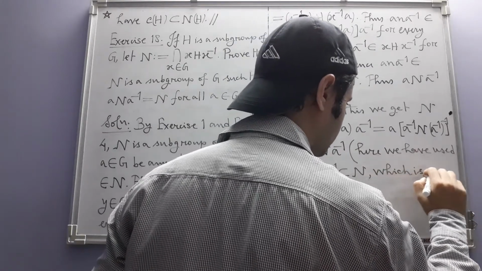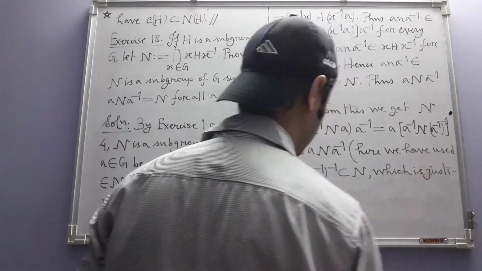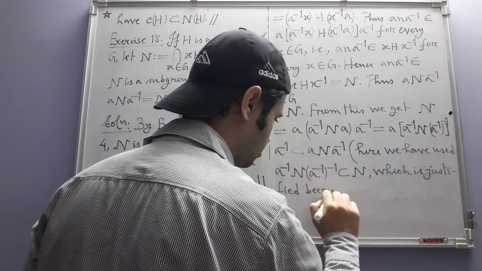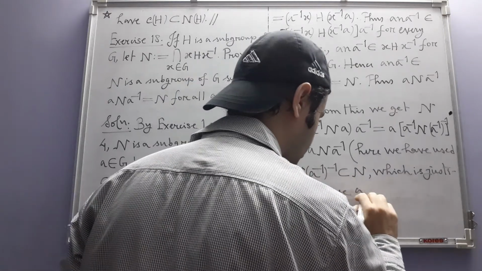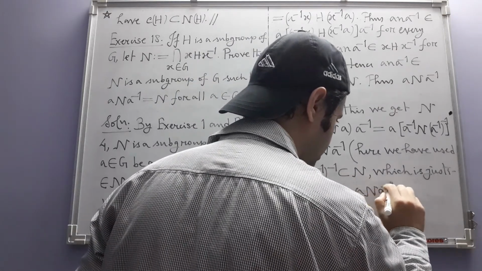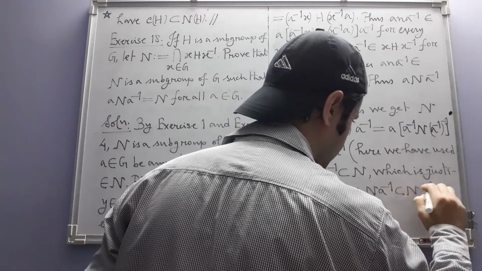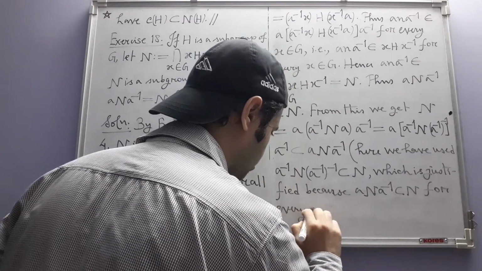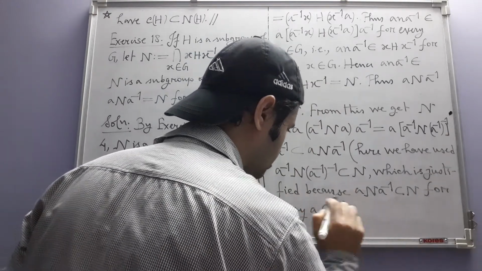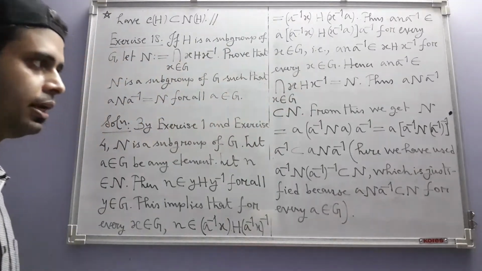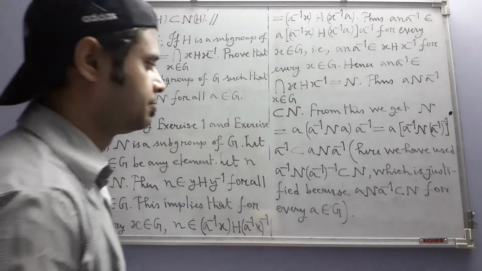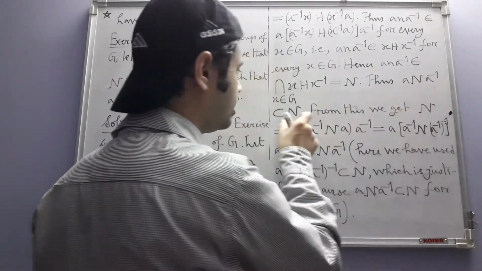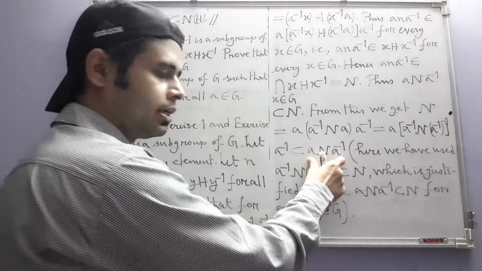which is justified because A inverse is contained in N for every A belonging to G. So we have conveniently used A inverse in place of A. So now we have what we want. This is contained in N and N is also contained in this.